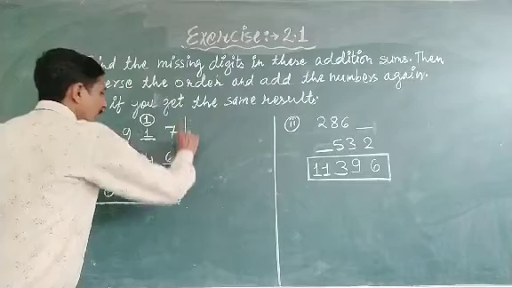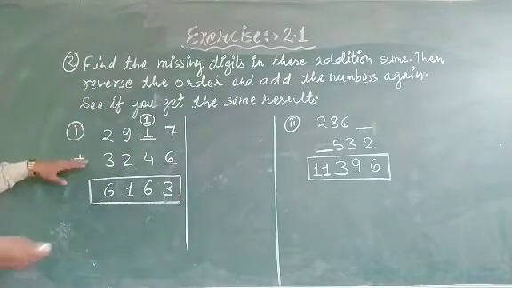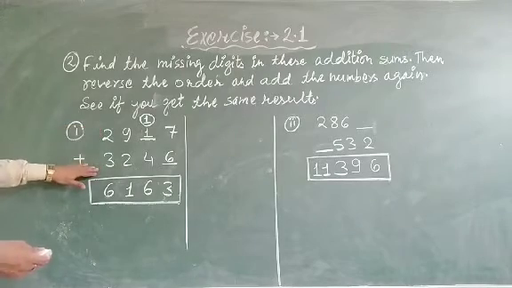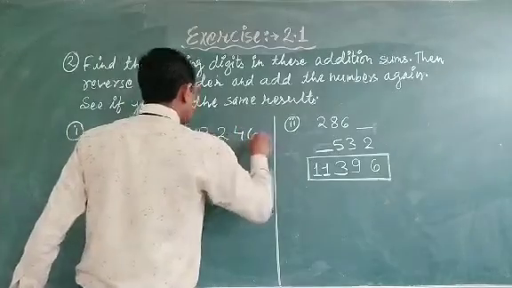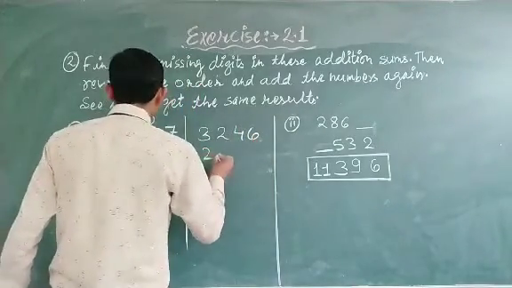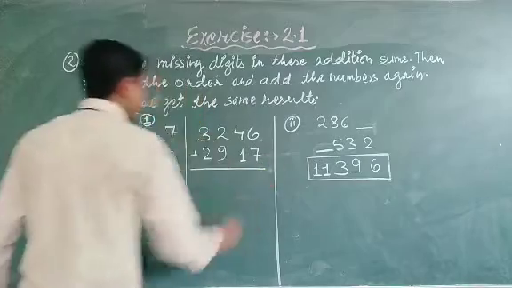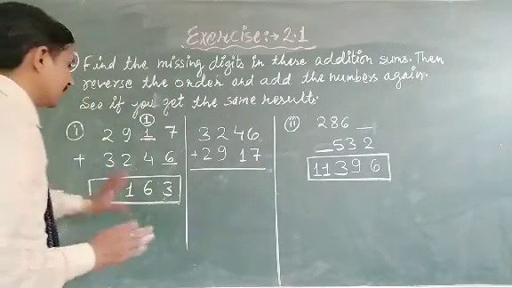Now we have to reverse the order. That means we write this number on top and this number below it. That is 3,246 plus 2,917. Now we have reversed the order and we have to see if the result is the same or not.